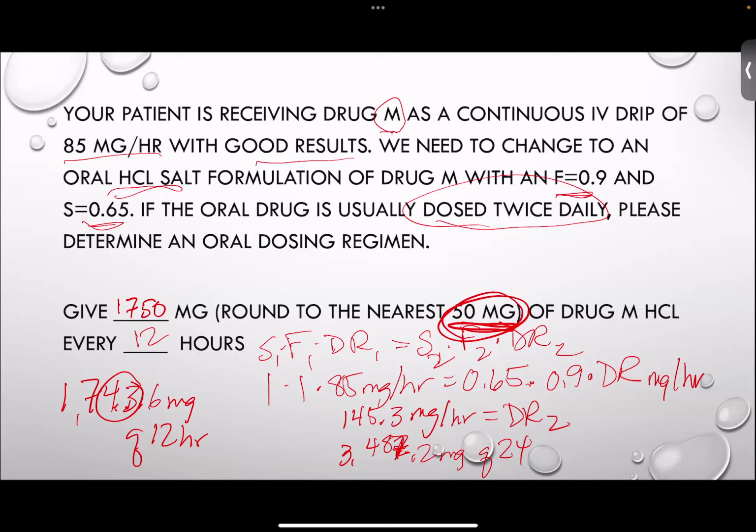I mean, if you're treating cancer, an infection, epilepsy, maybe you're more worried about lack of efficacy than you are about toxicity. So it just depends on the patient, whether you're more worried about toxicity or lack of efficacy. So since you don't have that information, I would just always use your regular rules of rounding.